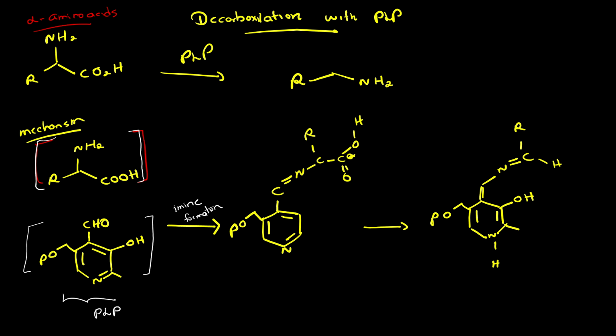If you are not recalling it, if you have no idea about it, it's completely fine. I will put the link here. Just follow that video. It's a very short video, about 3 to 4 minutes, I guess. So imine formation is very important in organic chemistry and in biosynthesis pathways. The first step would be the imine formation.